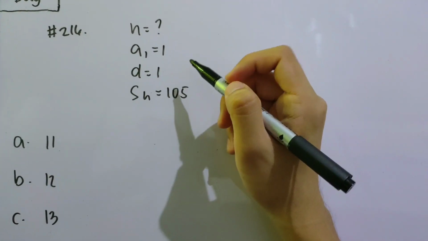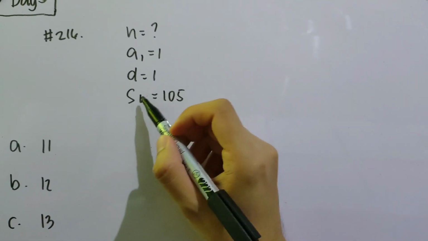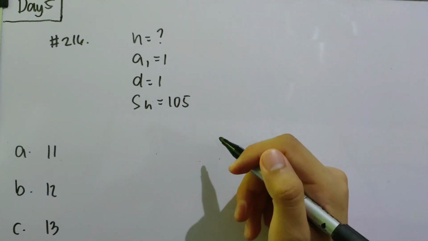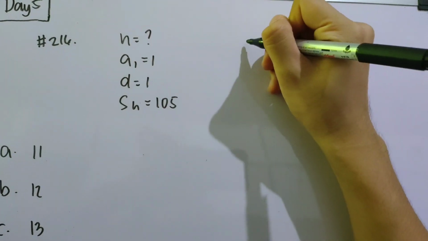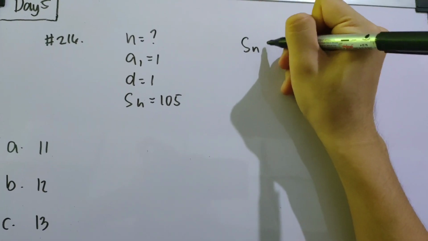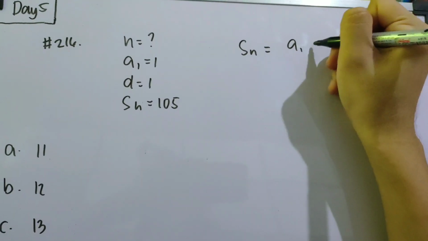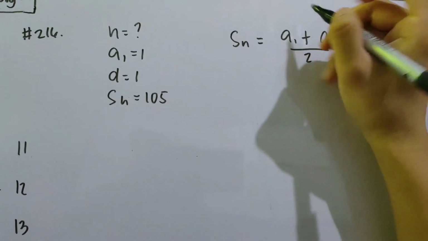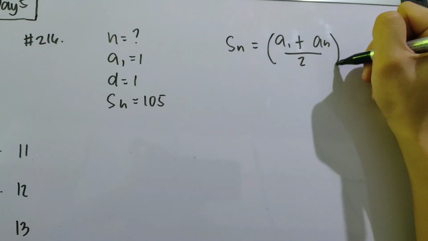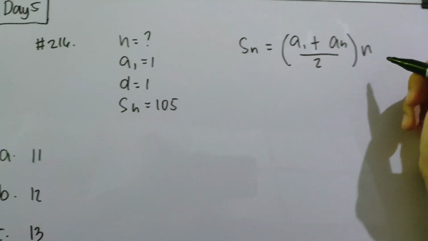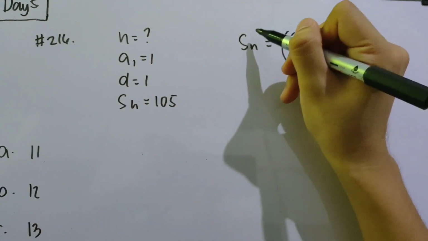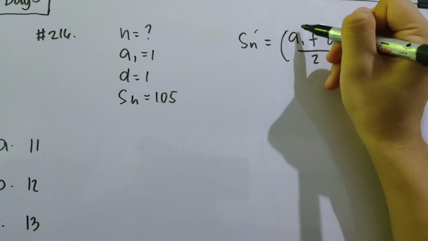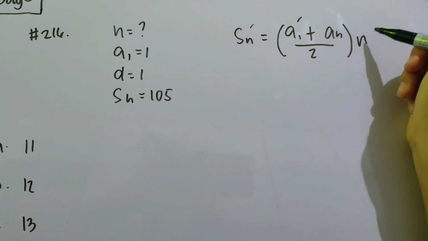And since tong problem na to involves sum of arithmetic series or Sn, gagamitin natin yung formula ng sum of arithmetic series. So dun sa formula, Sn is equal to (A1 plus An) divided by 2 times n. So sa formula na to, meron tayong value ng Sn at meron tayong value ng A1. Pero wala tayong An at n.